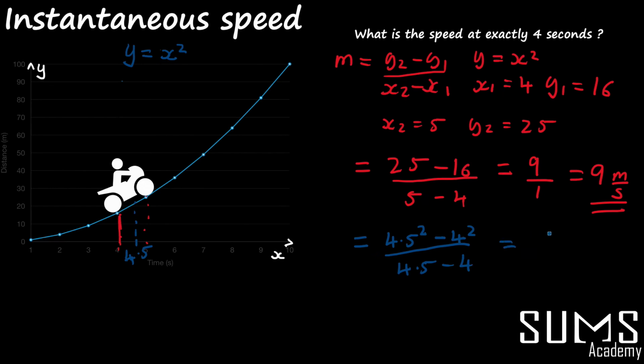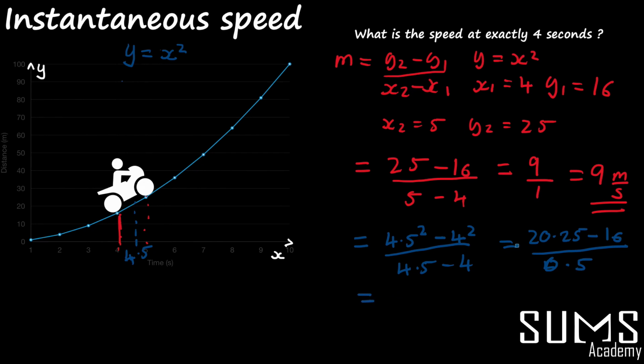So 4.5 squared is 20.25, minus 16 from before, and then you have 4.5 minus 4, which is just 0.5.